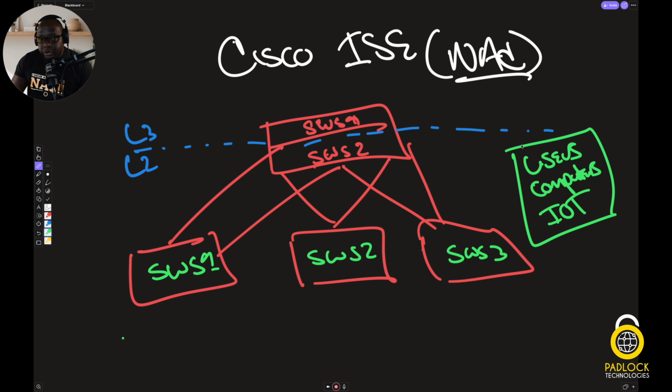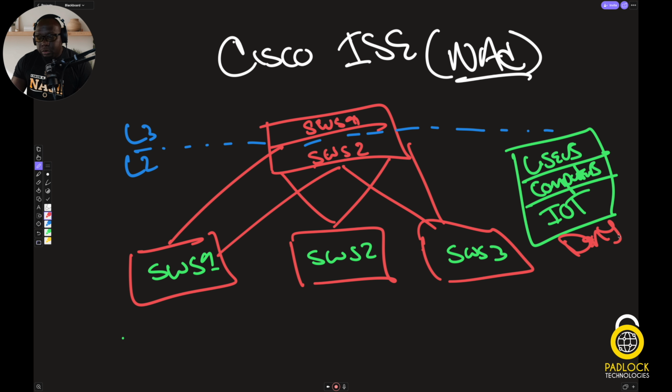This is like the first line of defense, so to speak, right? Because if I don't know the user or the computer or the thing that is connecting to the network, I could technically just deny it. You can't get on my network unless I know who you are or what you are.